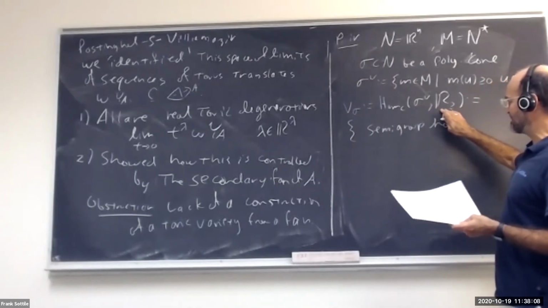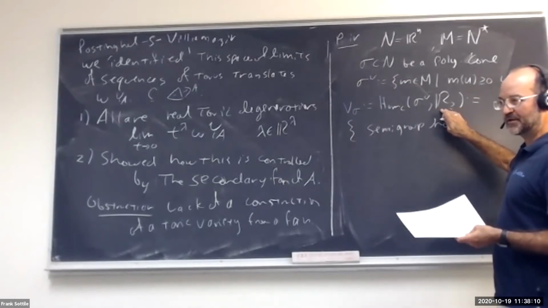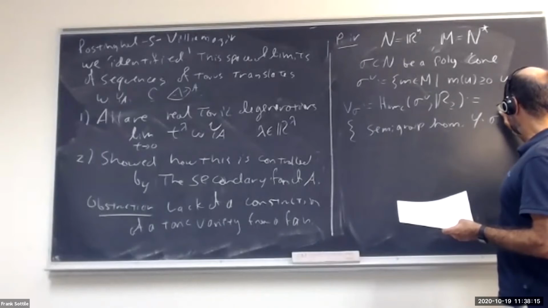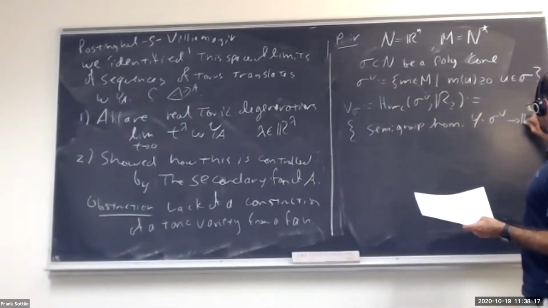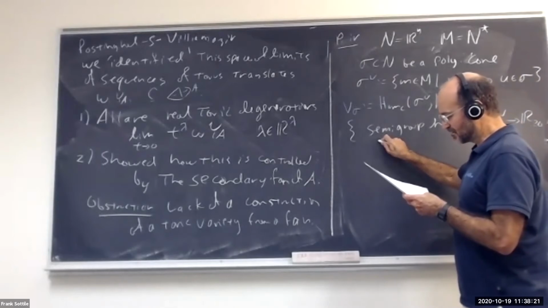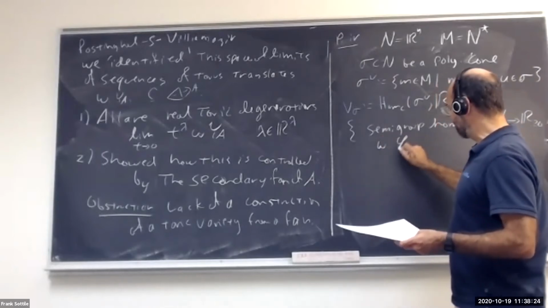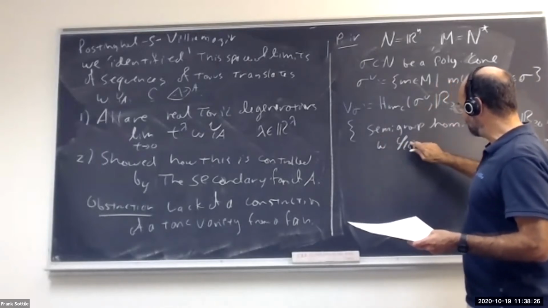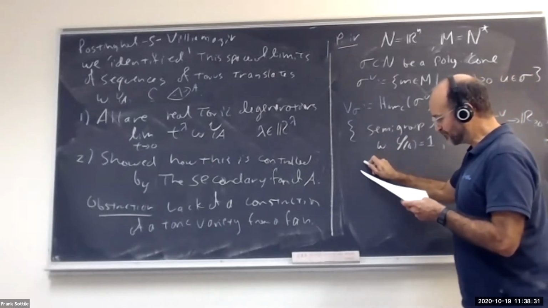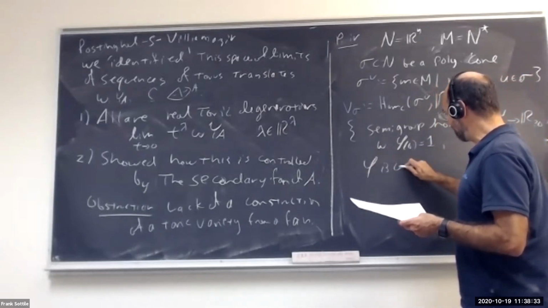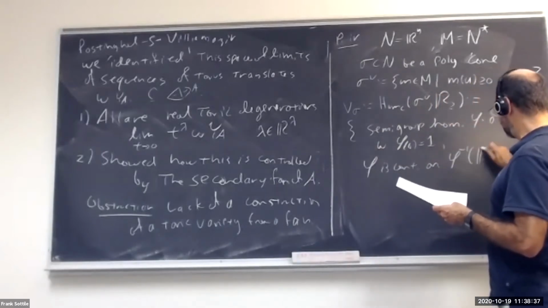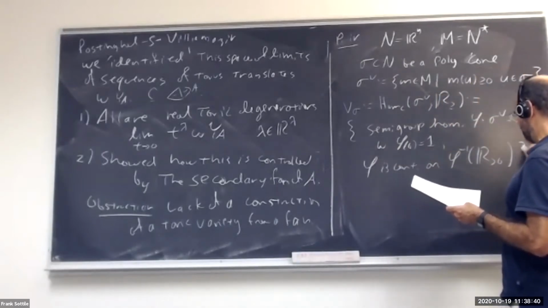The non-negative reals are a semigroup under multiplication with identity element 1. It also has an absorbing element 0. So semigroup homomorphisms from this dual cone to the non-negative reals, okay, because it's a semigroup, it has to take the identity in this cone to the identity in the non-negative real numbers. And I want phi to be continuous on phi inverse of the strictly non-zero real numbers.